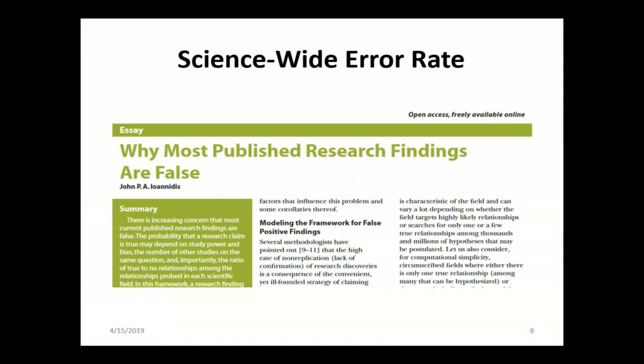And probably the most famous paper on this that started a lot of this discussion was this paper by Ioannidis called "Why Most Published Research Findings Are False." This wasn't actually an empirical study where he looked at actual papers.